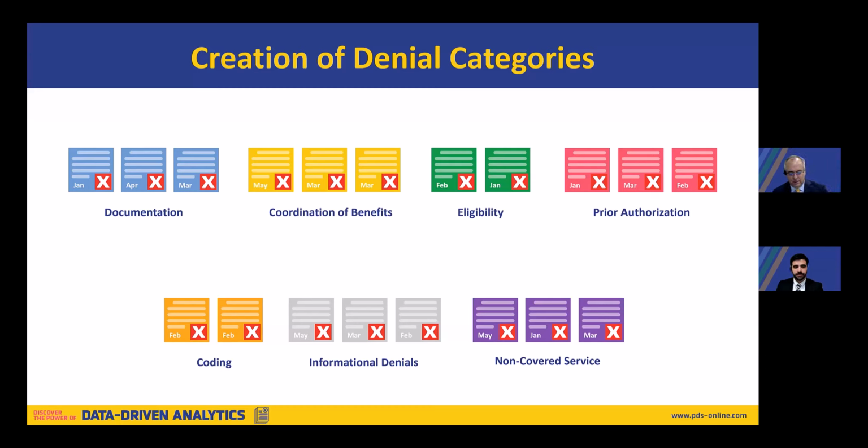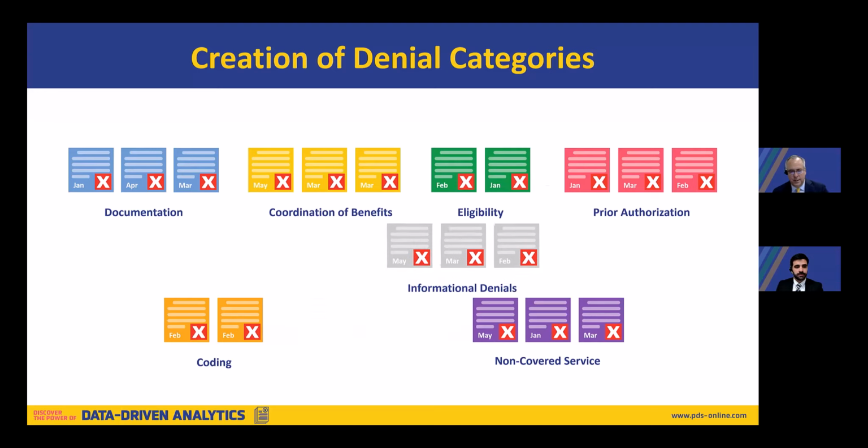So the first thing we want to be able to do is to create denial categories. Things like documentation related issues or authorization issues or non-covered services. And we also along the way want to throw out those informational denials that aren't really denials. They're just information that's posted in the denial field, but the claim was still paid. So we want to get rid of those, which really make noise and create a little bit of havoc.